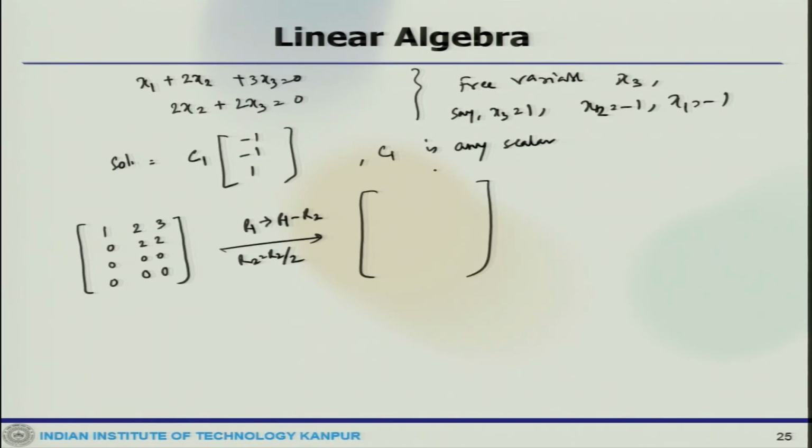What we get is 1 0 1, 0 1 1, 0 0 0, 0 0 0. So this is R, the row reduced echelon form.